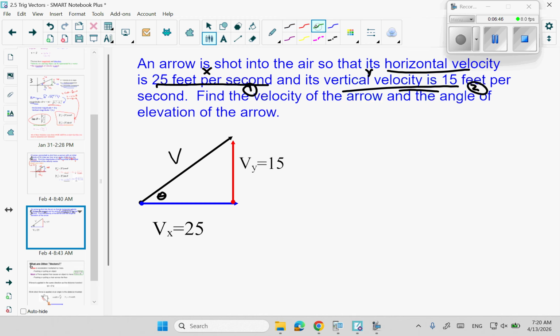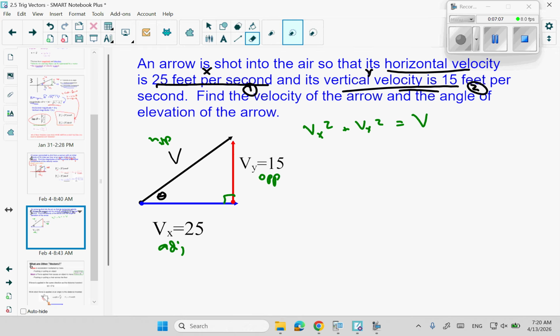So, again, we have our opposite and our adjacent, and this is our hypotenuse. Well, it's a right triangle, so I can do the Pythagorean theorem. So we get v sub x squared plus v sub y squared equals v squared. And we could square root.